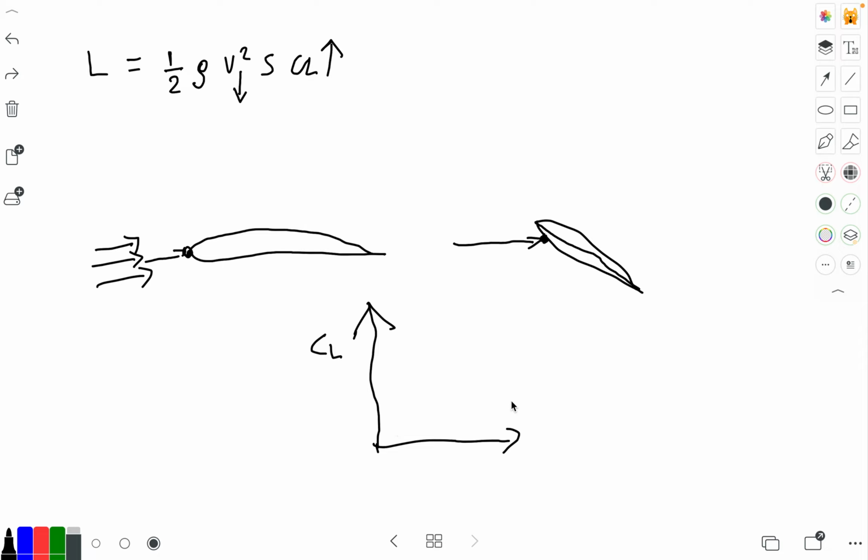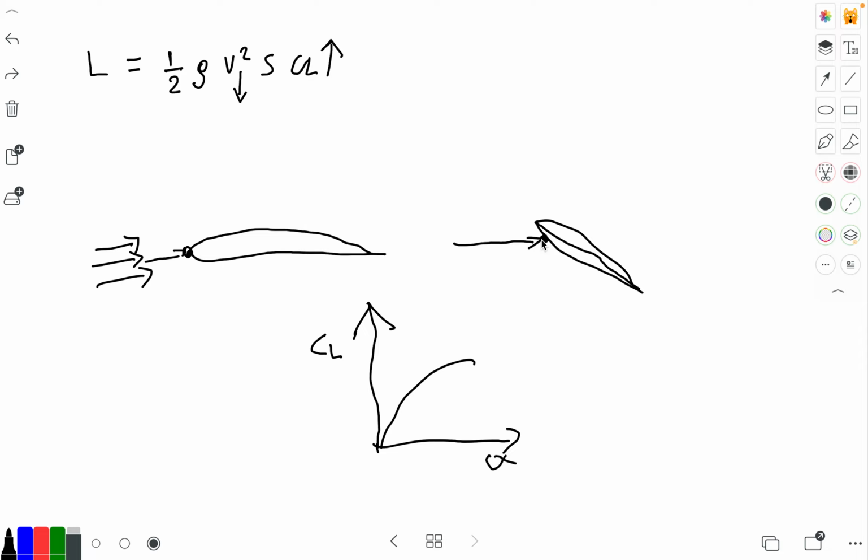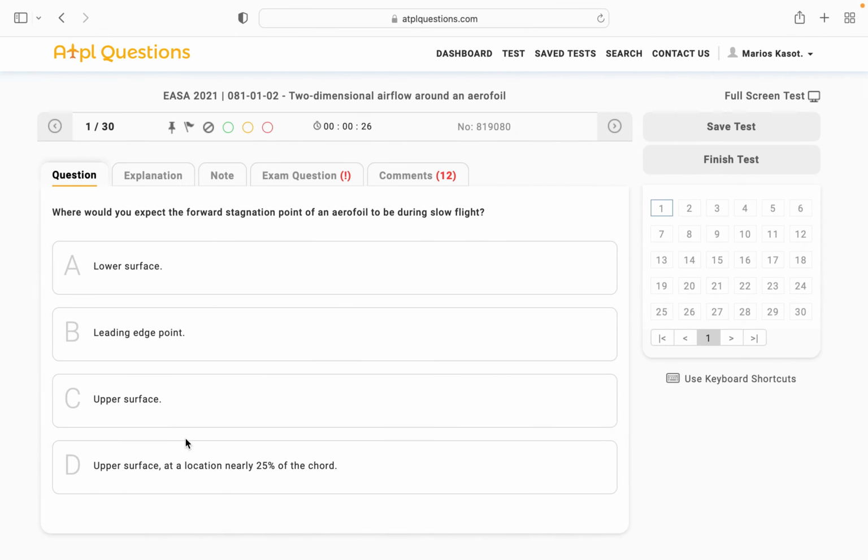Sorry for this diagram, but you have to see it for a reminder. So we expect the stagnation point to move to the lower surface of the airfoil, so it's here, lower surface.